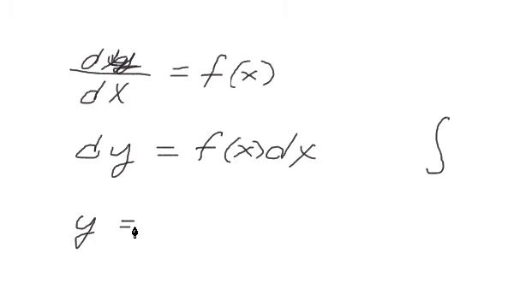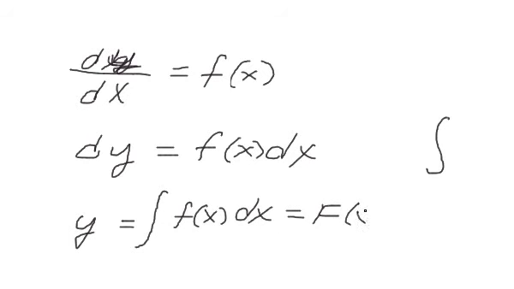And that's going to be equal to the integral. This operator says we're going to do some indefinite integration, f of x dx, and this is equal to the antiderivative, and then there's our constant right here.